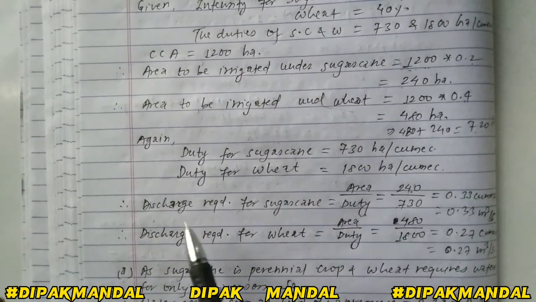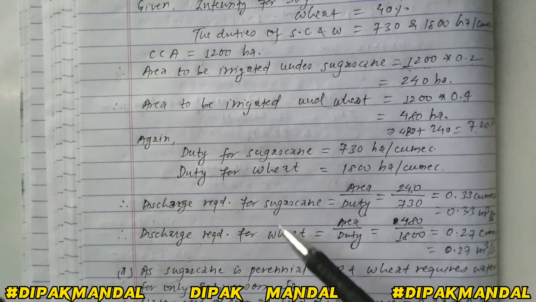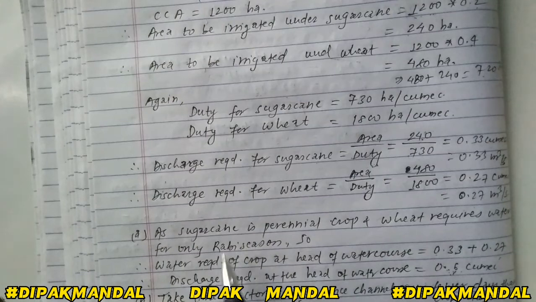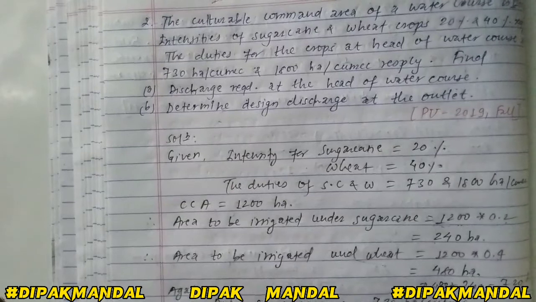After that we have to calculate the discharge required for sugarcane and wheat. You can simply calculate discharge by dividing area by duty. Then we simply add both values and we get the total discharge. In this way we can calculate the different parameters asked in the question.